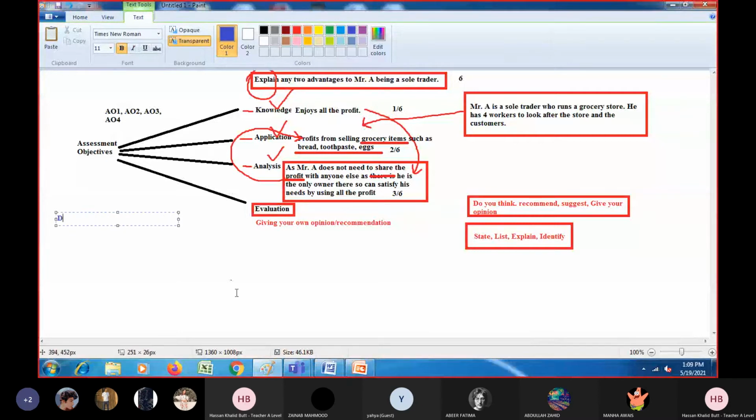If I write, define the term sole trader, for example, if this is the question, there are 2 marks for knowledge in such type of question. Similarly, if I say, identify any 2 advantages of a sole trader.